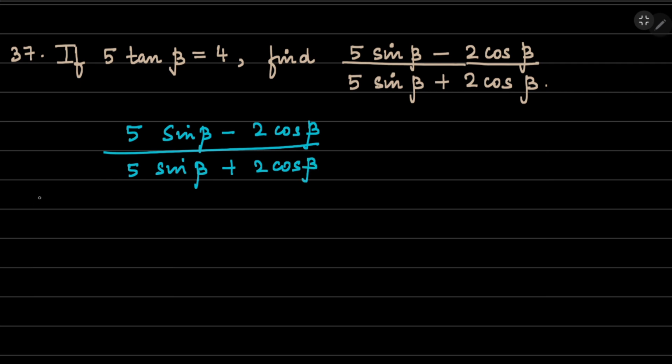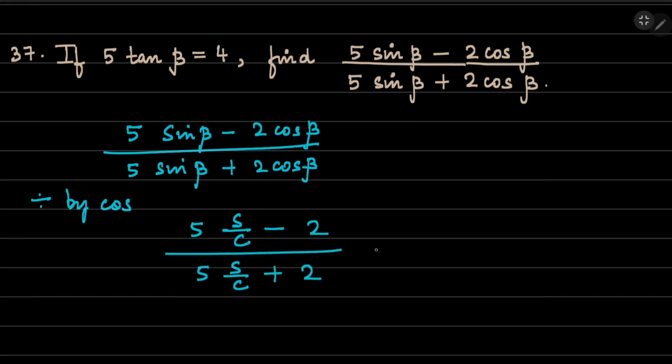Divide throughout by cos. Okay, divide throughout by cos. So what do you get? 5 sine by cos minus 2. Cos by cos is 1 divided by 5 sine by cos plus 2, which is equal to, what is it?